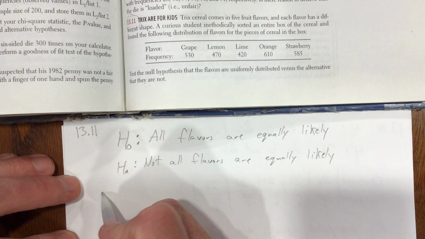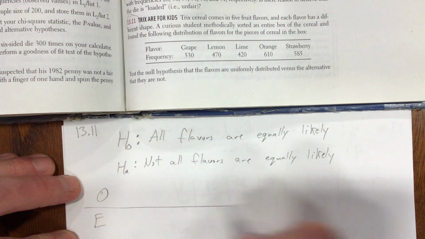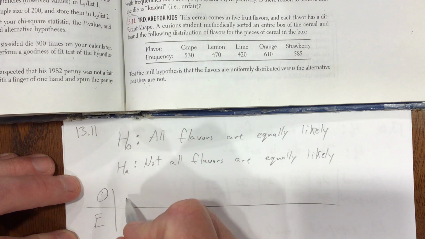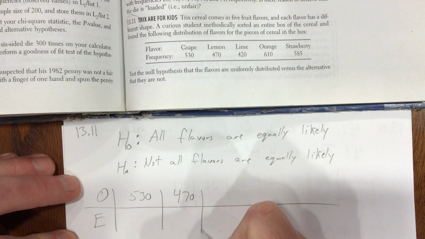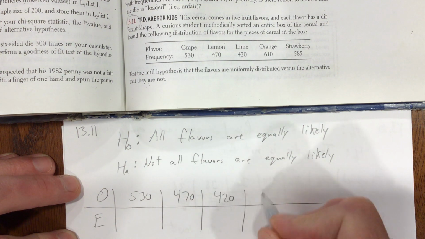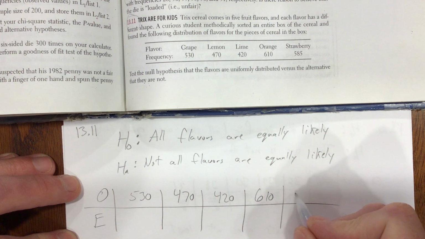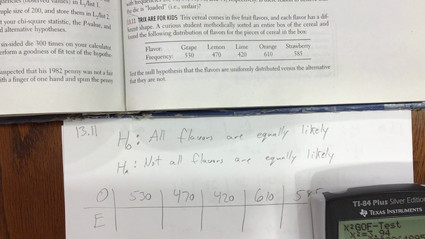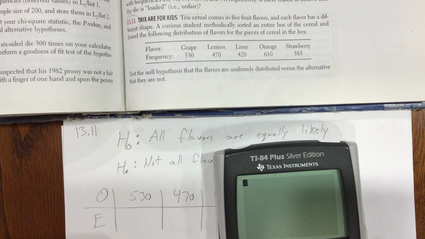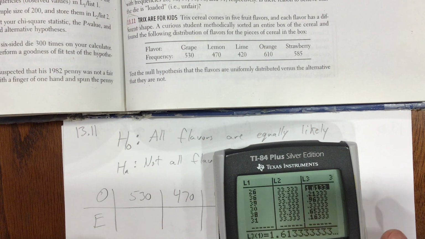All right, observed counts, expected counts. Grape is 530, 470, 420, 610, 585. Okay, they didn't tell me the total. No, all right, so not a big deal. We'll put these counts into our list.